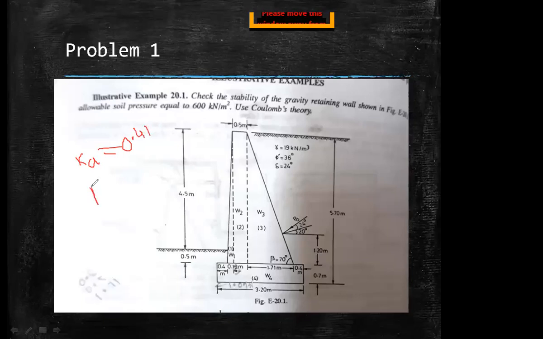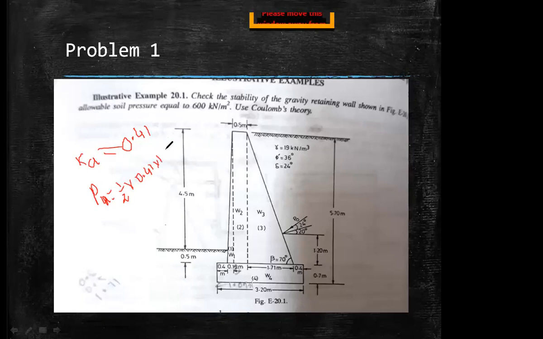What is the formula for Pa? It was said already, right? So how much will you take H to be? H value? Ma'am, 5.7. Good. And gamma to be 19.